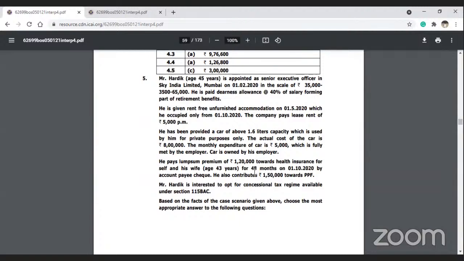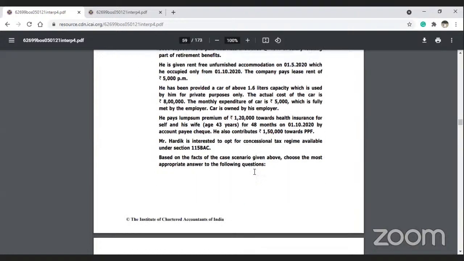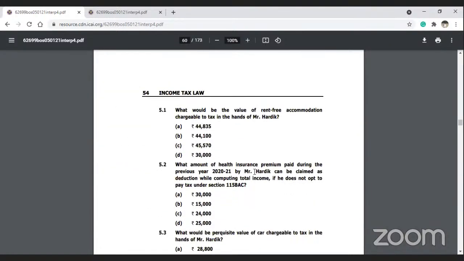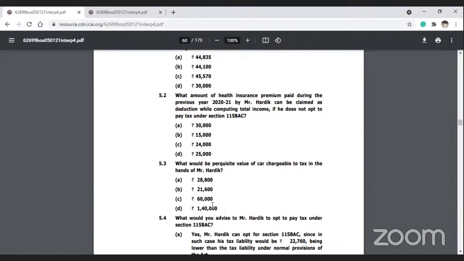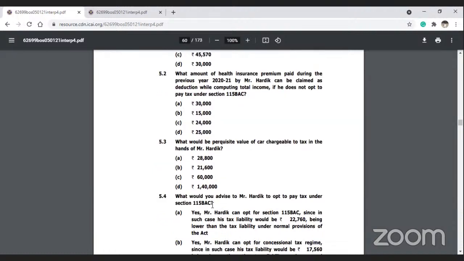15,000? Let's check the options. Yeah, we have 15,000 in the options, option B. Everyone fine, right? Should we proceed to check the answer? Are others comfortable?